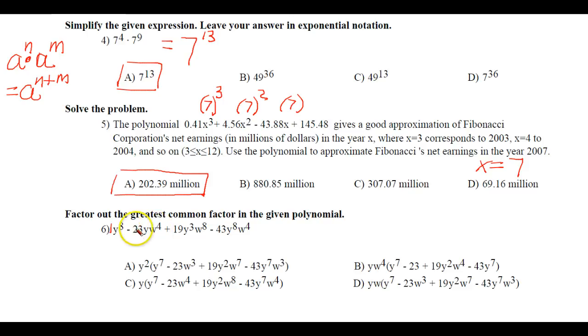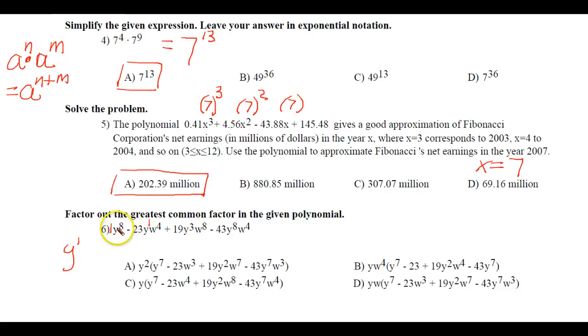Then the next thing is in terms of letters. Well, here this is y to the 8th. There's a y to the 1st here, y to the 3rd, y to the 8th. So the only value of y that we can factor out of each one is y to the 1st.